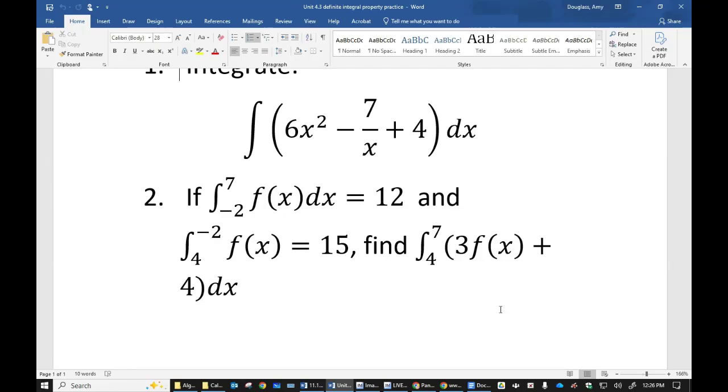Good. 4x from 7 to 4. You're going to get the same thing, because this is 4 times 7, which is 28, minus 4 times 4, which is 16, and that gets you the 12 that we got. I don't have that other formula memorized because I do it this way. This makes sense to my brain, and that's one less thing I have to remember.